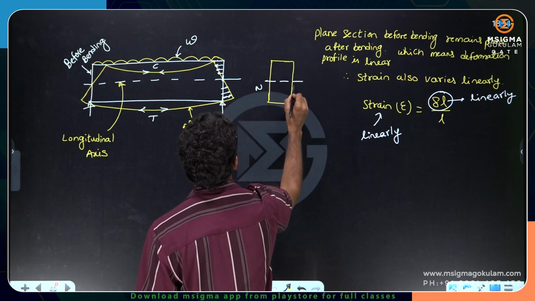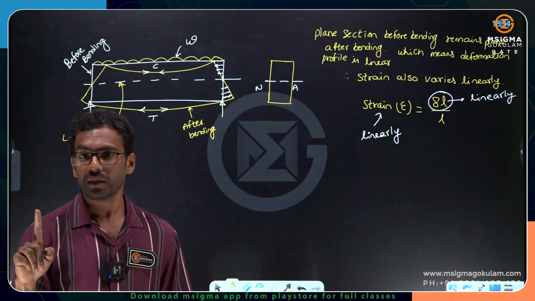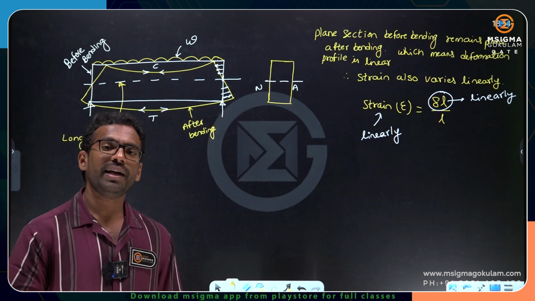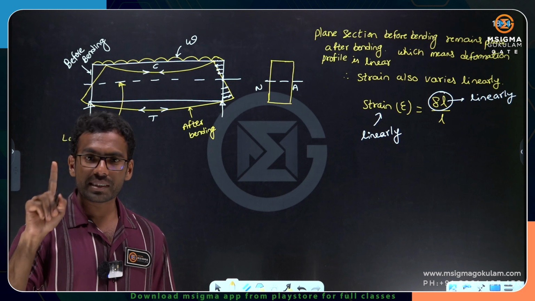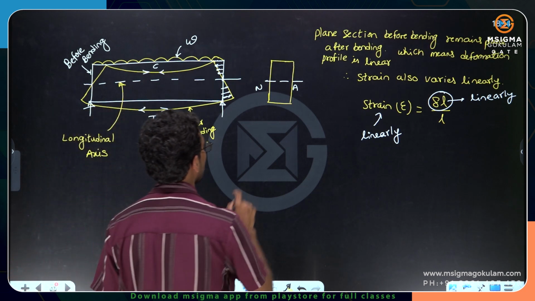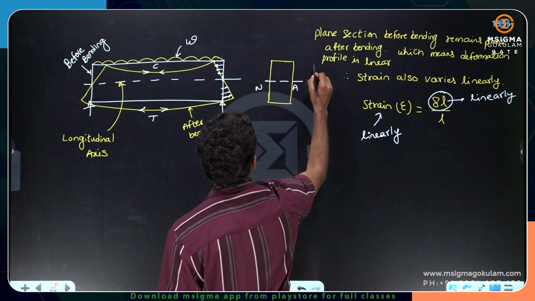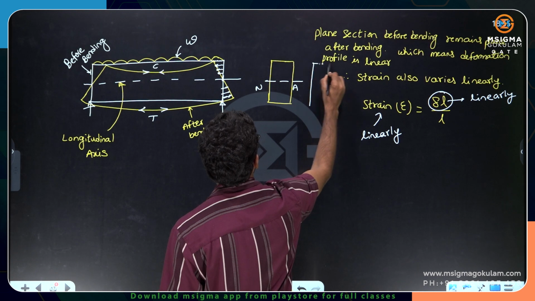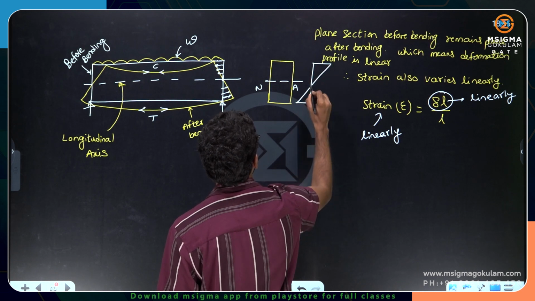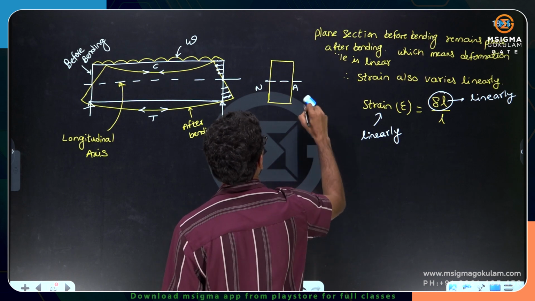Always remember, the neutral axis exists only in the cross section. Very, very important point. We can never find the neutral axis lengthwise. Please make a note of that. Because this deformation profile is linear, we can say that the strain profile also varies linearly. That is the very important thing you have to understand.